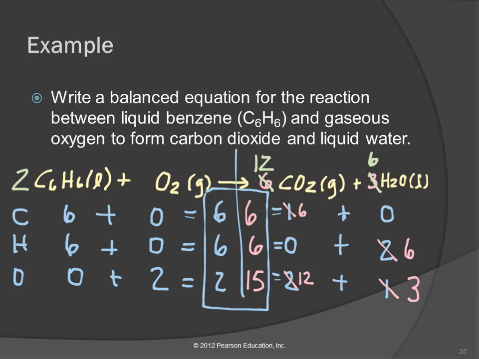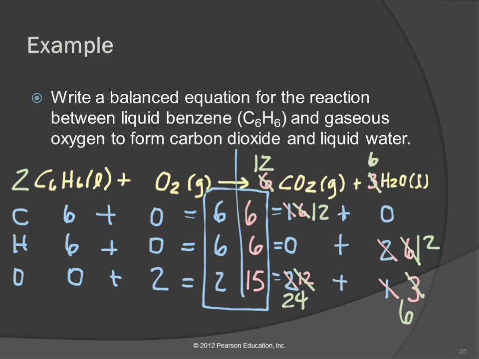So now let's assess the damage down below. In 12 CO2s, I have 12 carbons, still 0 hydrogens, and 24 oxygens. Over here, I now have 2 times 6, or 12 hydrogens, and 6 oxygens.